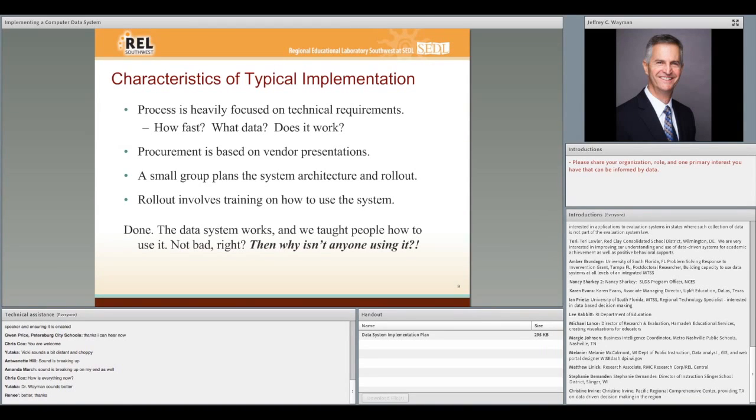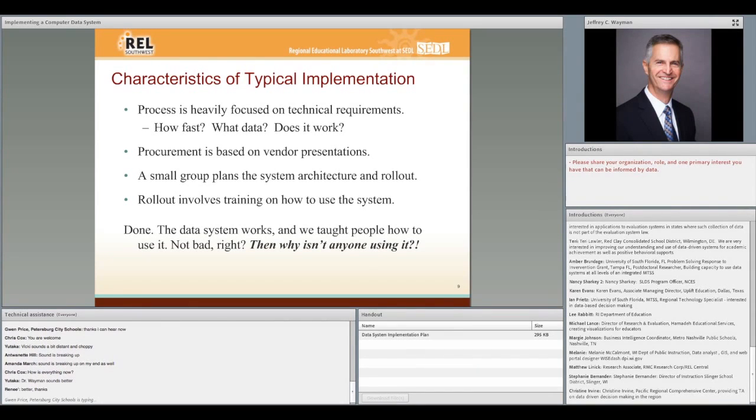This goes back to the way that we buy or build data systems, what we call procurement, because procurement is often around the technical pieces. What reports do we want in here? And how is this going to work? This procurement process and then subsequently the implementation process is typically planned and led by a small group of people.